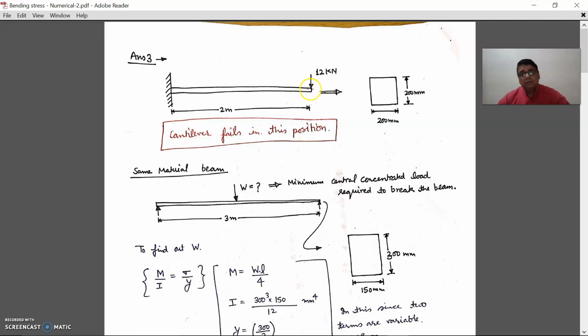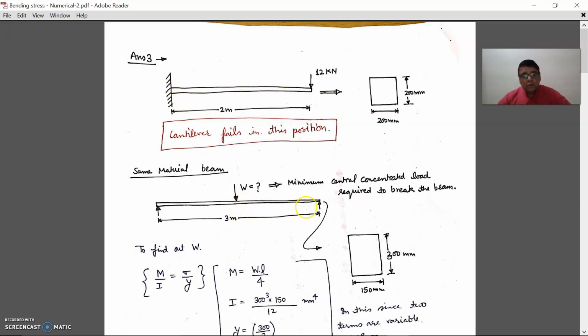That means whatever sigma is experienced in this case, for that value of sigma the beam will fracture or fail. I'll repeat it: for this value of bending moment, it will experience that value of sigma for which this particular beam will fail, right?